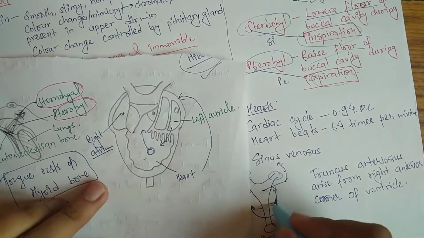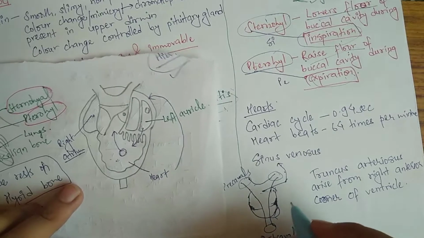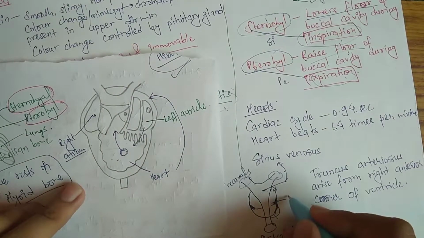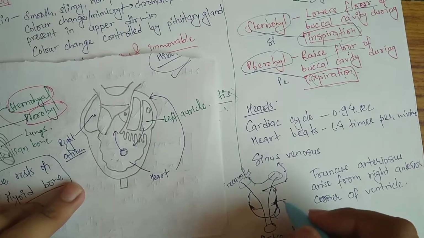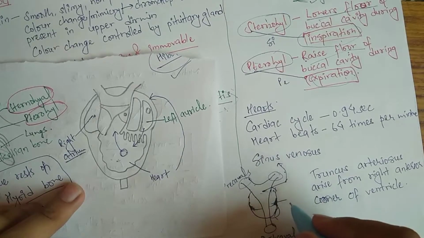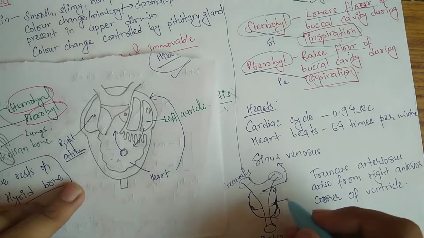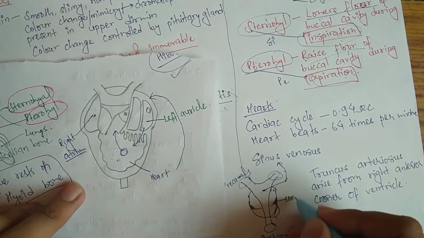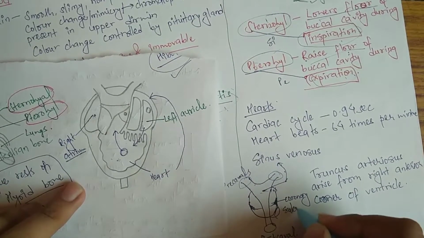Auricles and ventricles are separated by the auriculoventricular ridge, or externally by the coronary sulcus.